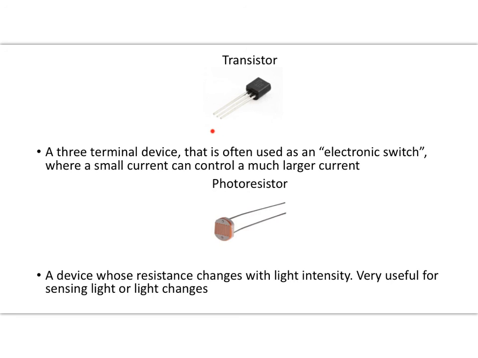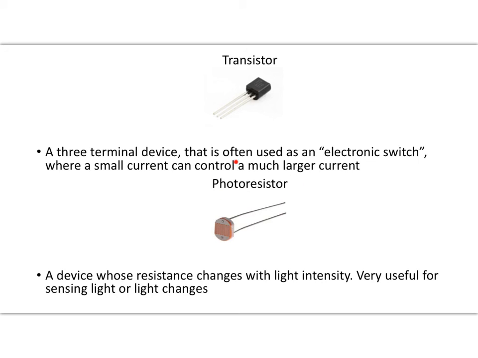Typically we use these where we want to control a device that consumes a significant amount of power, electric current, that the port can't provide. An electric motor is a good example of this.